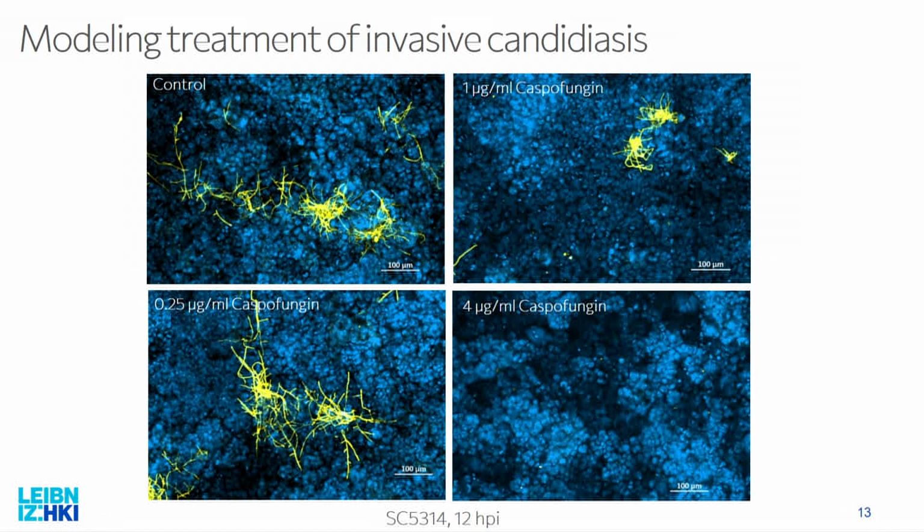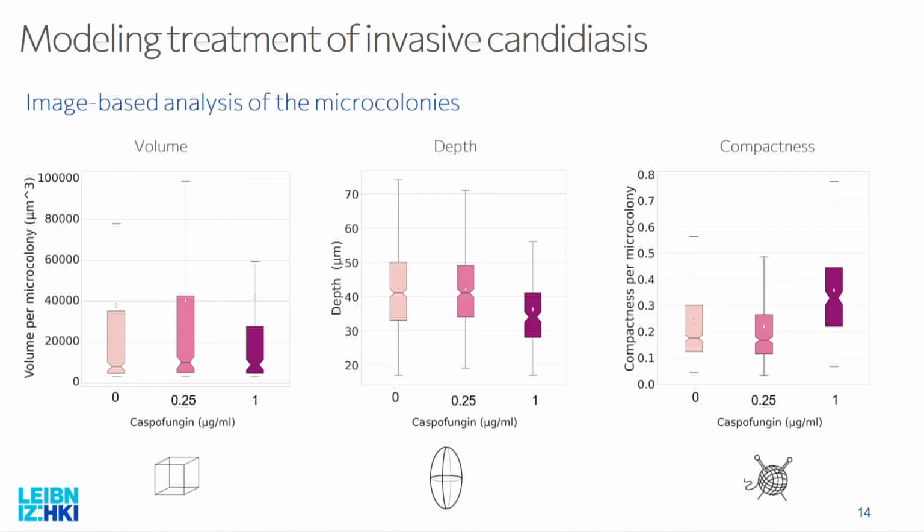And what we realized is actually that Candida was able to grow on the plastic of the chips, not on the cells, but on the plastic in places where the caspofungin could not reach. So we had to take this into account, but 4 micrograms per ml is actually a lethal concentration. At sublethal concentrations, as you see here, the colonies were looking a bit weird. So these are the pictures that went into the image-based analysis.